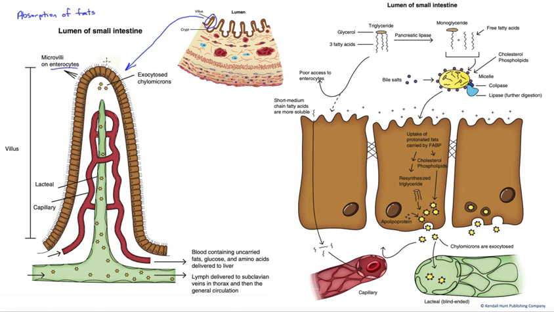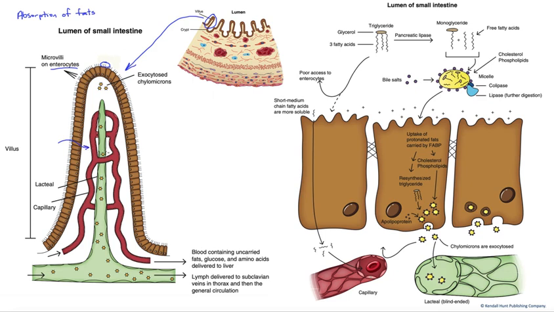In the small intestine, they're lined with microvilli, further increasing the surface area for absorption of nutrients. On the interstitial side of that lining of enterocytes, we have capillaries. These are fenestrated capillaries with relatively high permeability. That's going to allow nutrients that are absorbed across this enterocyte lining to enter the bloodstream.